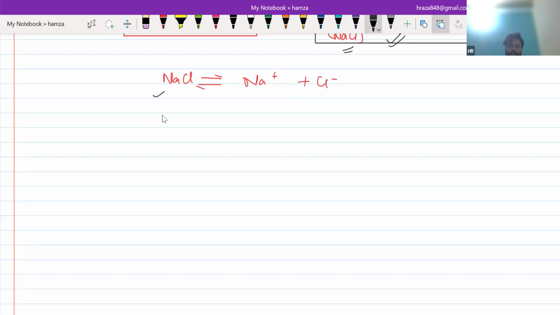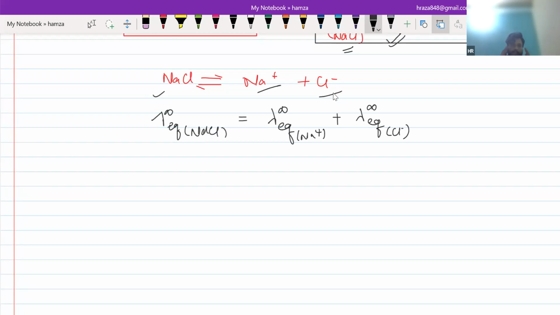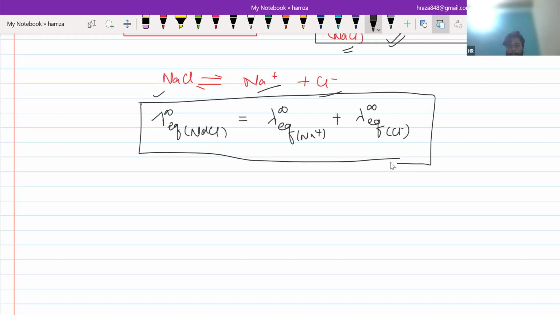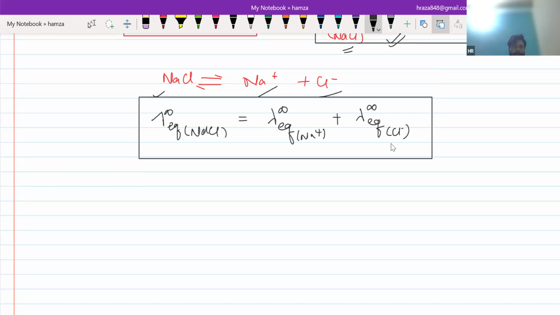Now see, the equivalent conductivity of NaCl at infinite dilution will be equal to the equivalent conductivity at infinite dilution of Na plus plus that of Cl minus, individually, the cation and anion.